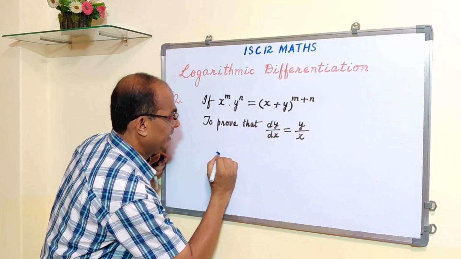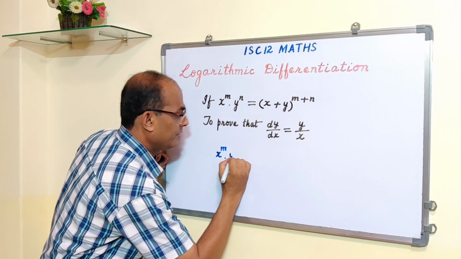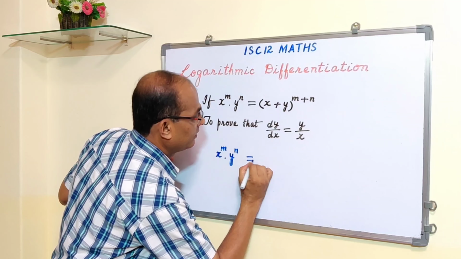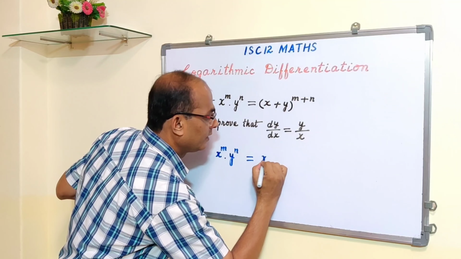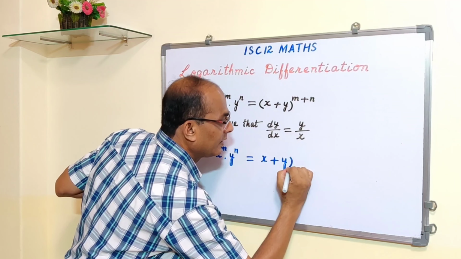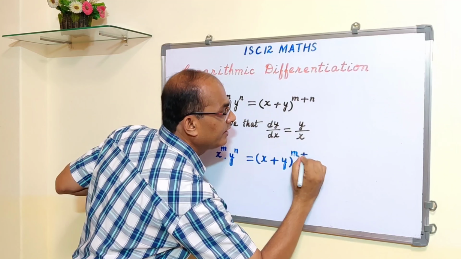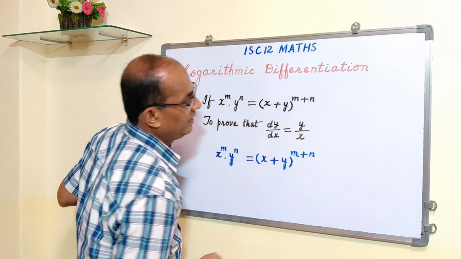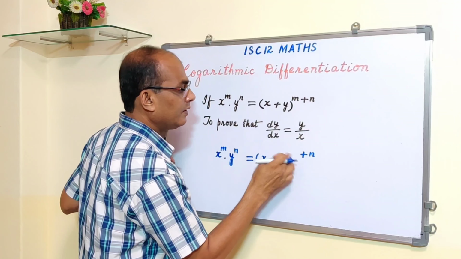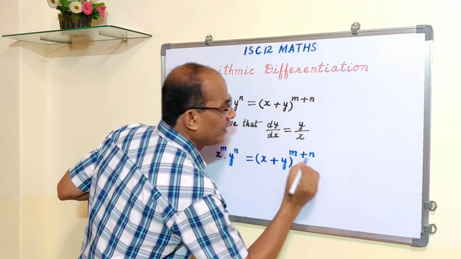X raised to the power m into y raised to the power n is equal to x plus y whole raised to the power m plus n.